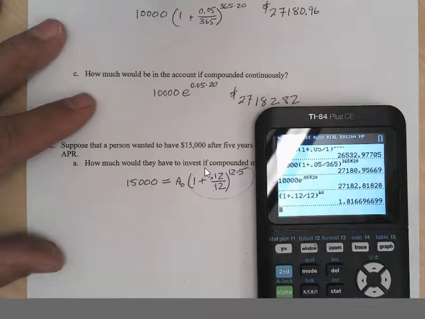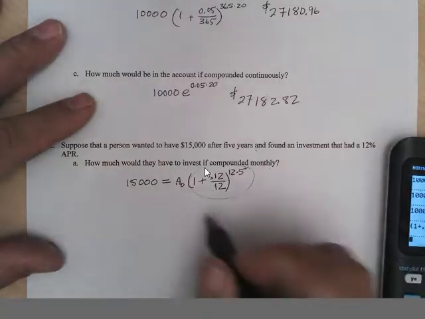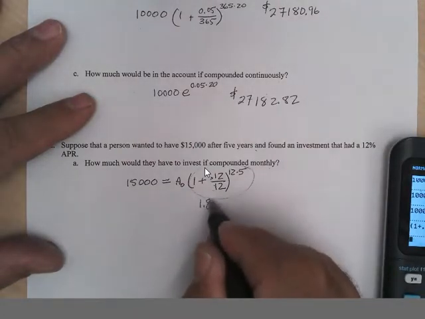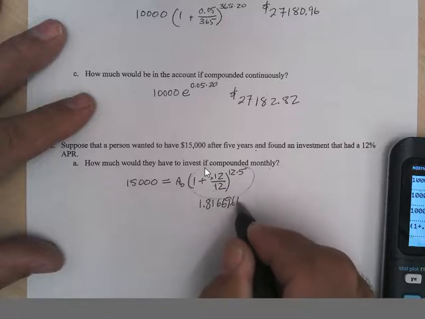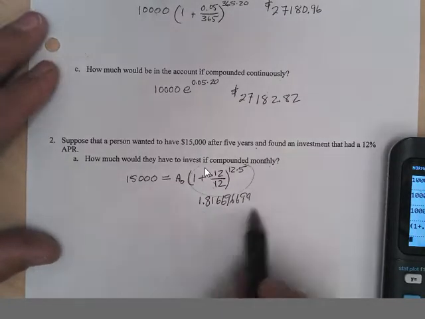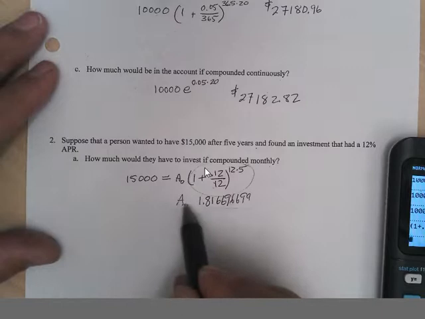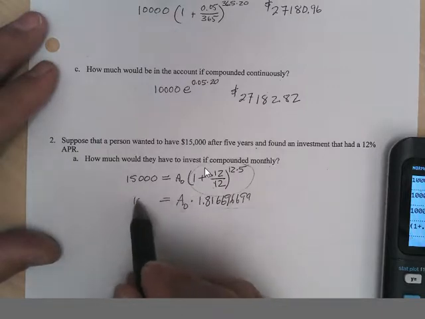But anyway, that's 1.816696699. So anyway, we've got something like this times A0 equals 15,000.